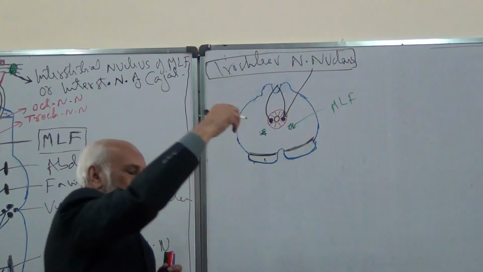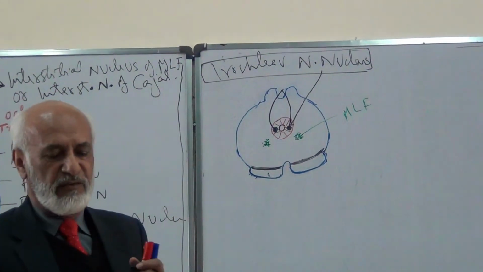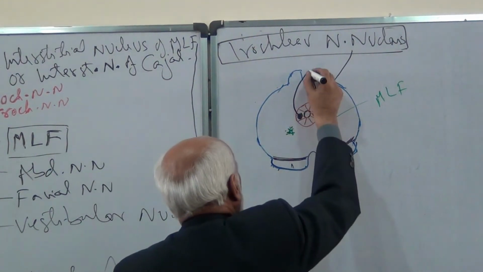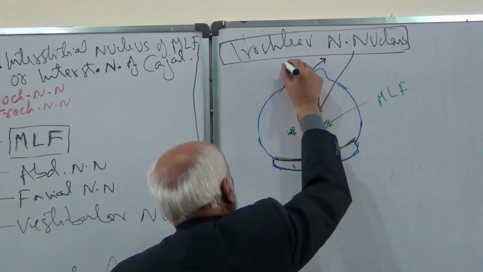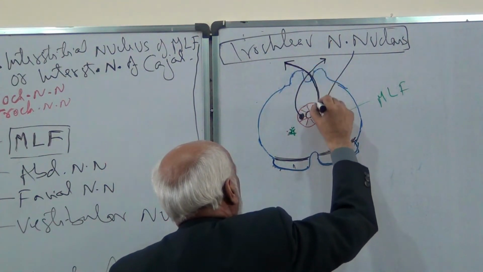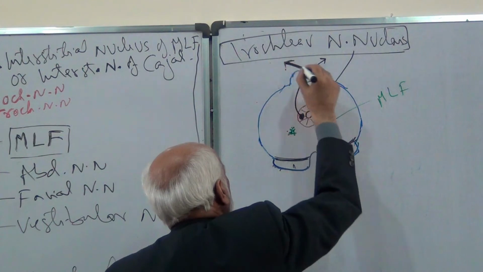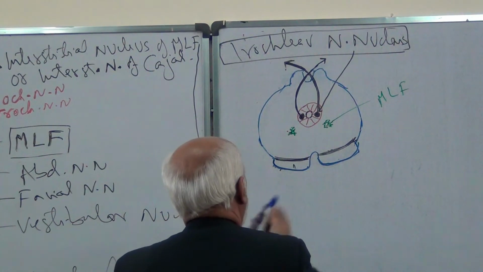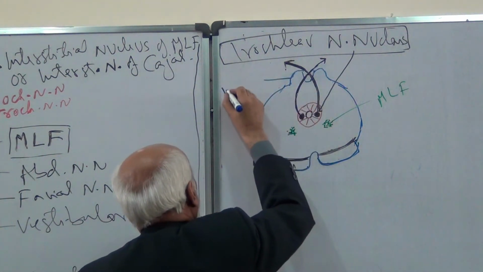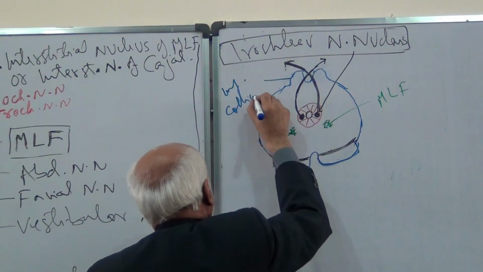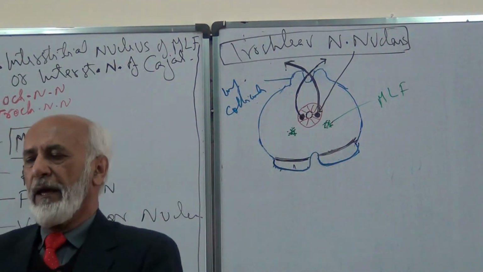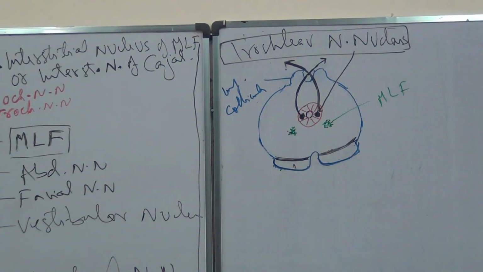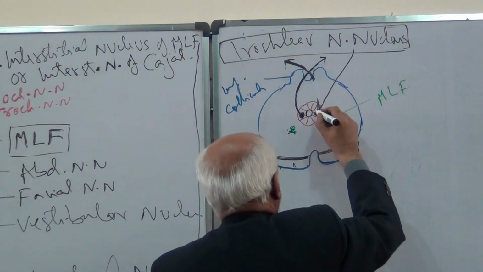Then just below the level of the inferior colliculi, in the superior medullary velum, the right and left trochlear nerves cross each other. So this is an unusual course of the trochlear nerve through the midbrain.